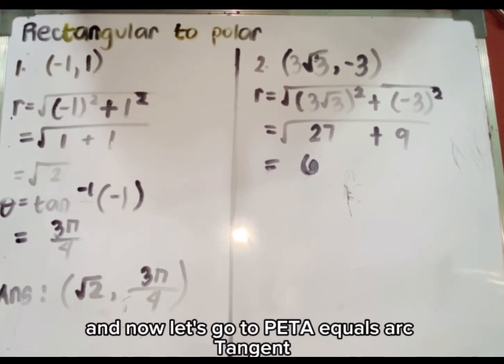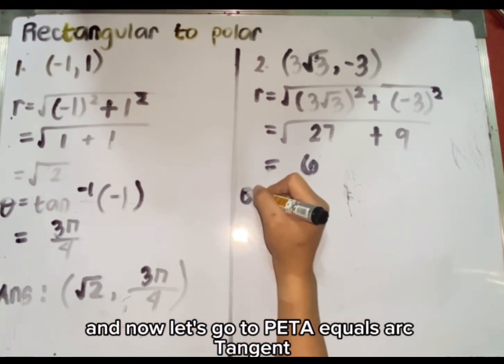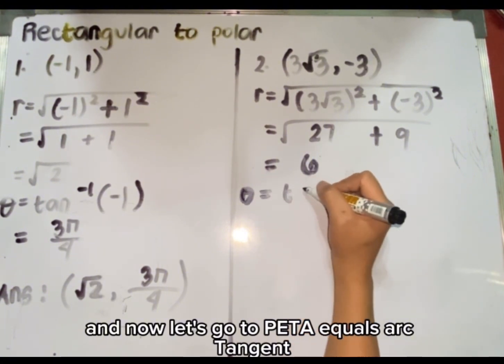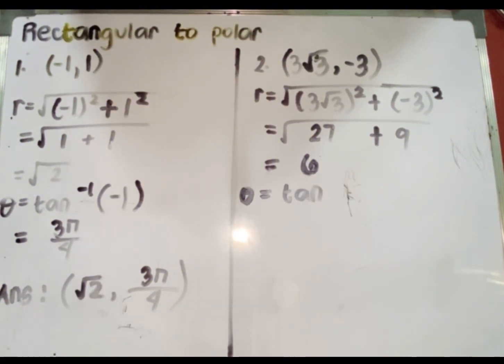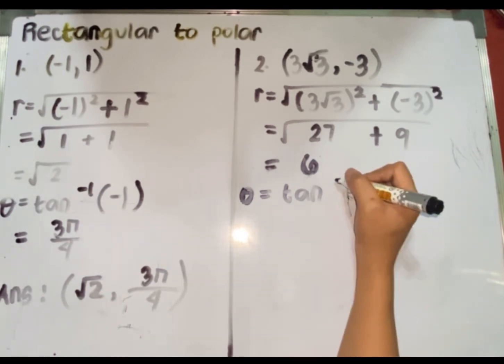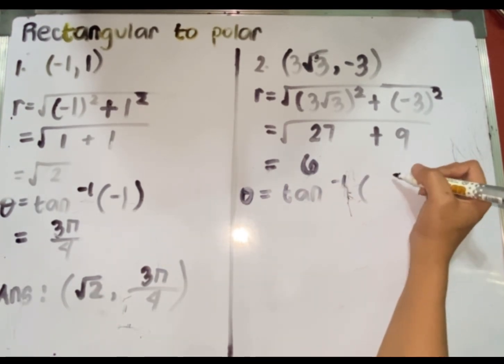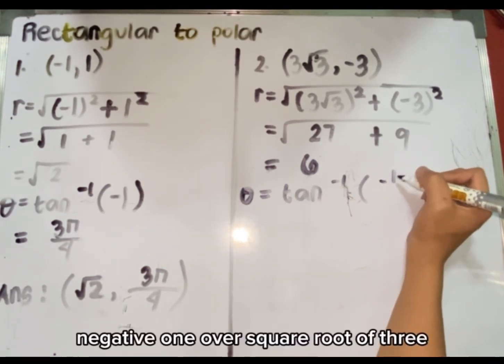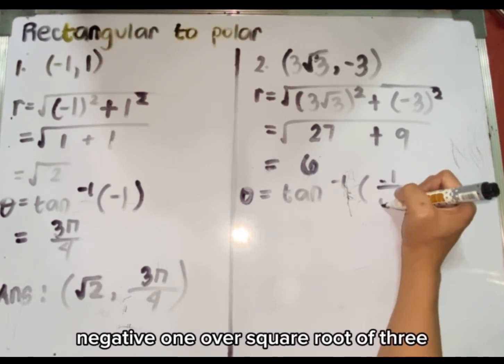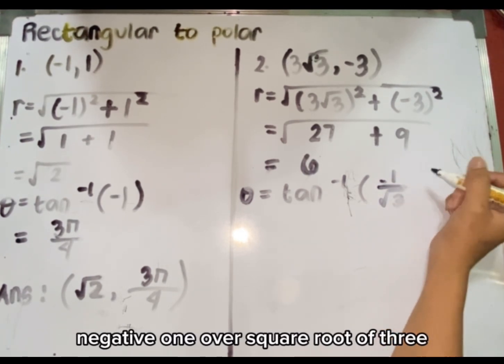And now let's go to theta equals arc tangent of negative 1 over square root of 3.